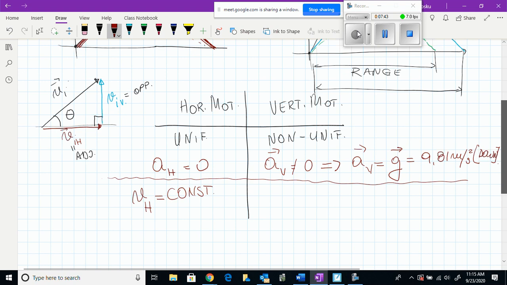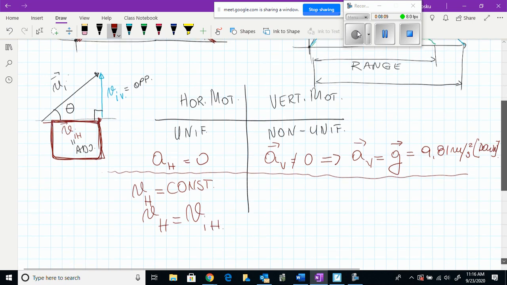Why? Because it is uniform. We have said that in a uniform motion, the velocity is constant. But what is that value? That value is whatever the horizontal component of the initial velocity is.